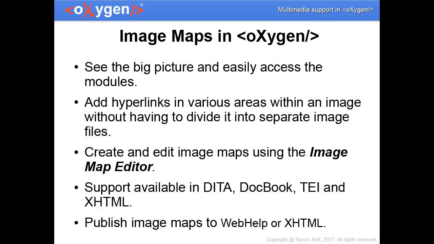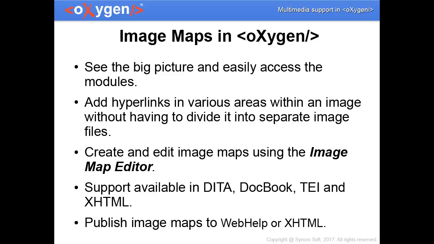So if you have a file with the image representing that complex mechanism, then you don't have to split that file in several image files. You only draw areas on that big picture and add hyperlinks on those areas.